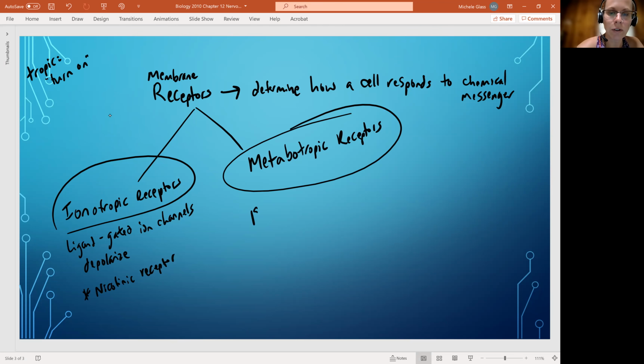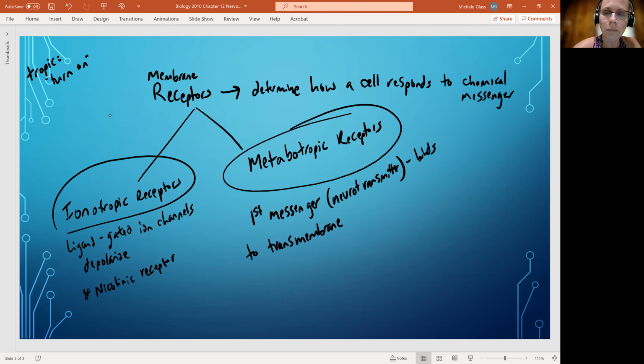You have a first messenger. In this case, that's our neurotransmitter because that's what we're talking about. It could be a hormone. It binds to a transmembrane, trans is across, receptor.